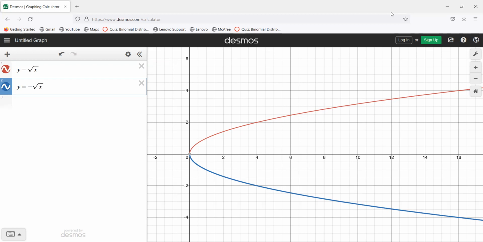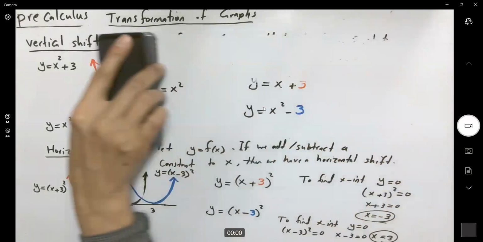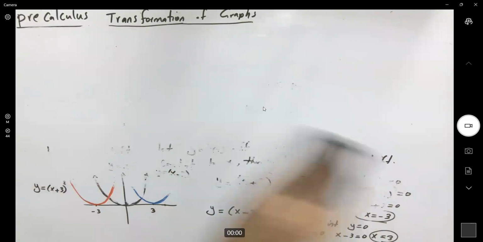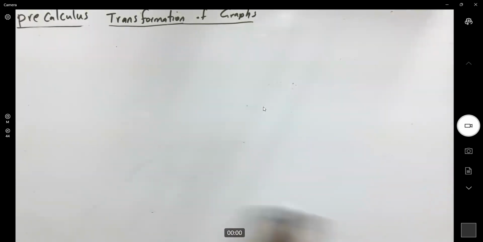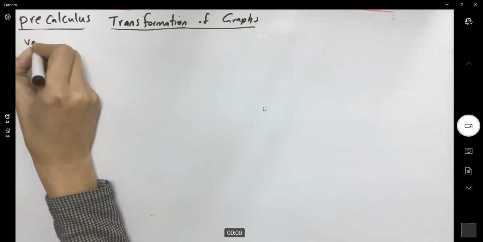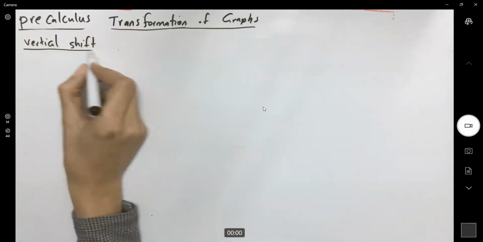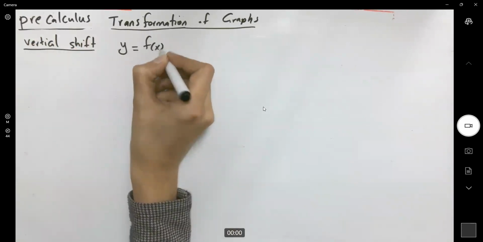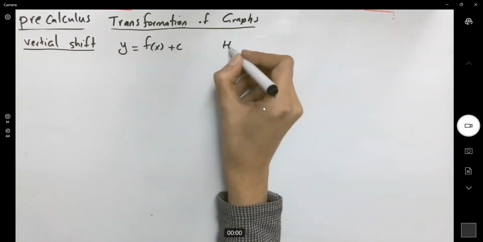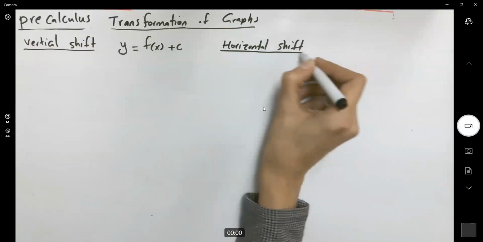Let us take a look at our board. So we talked about vertical shift. We talked about horizontal shift. So let us summarize them here. Vertical shift: y equals f of x plus a constant. Horizontal shift: we are changing our x.